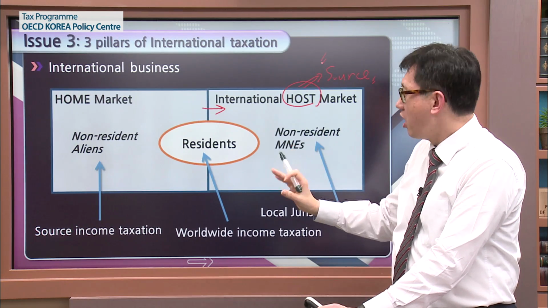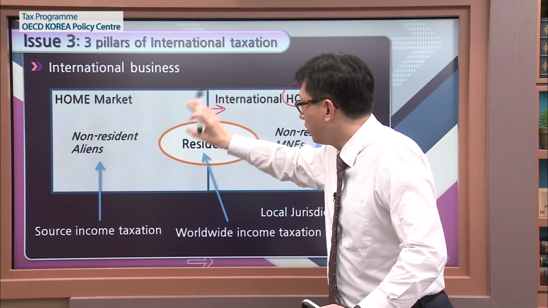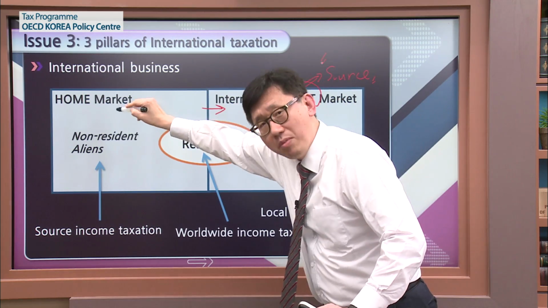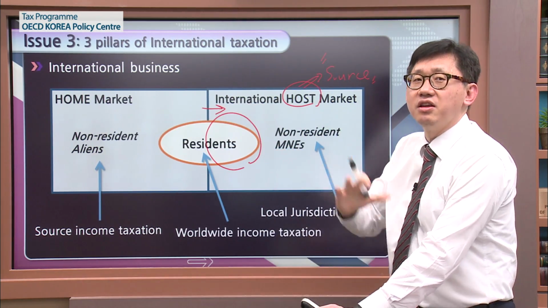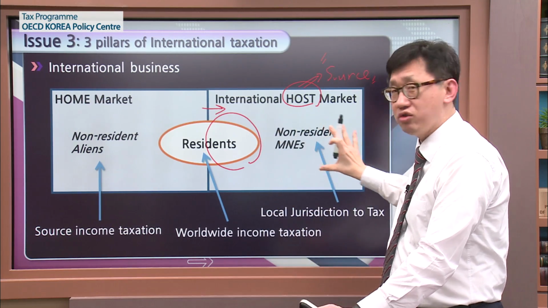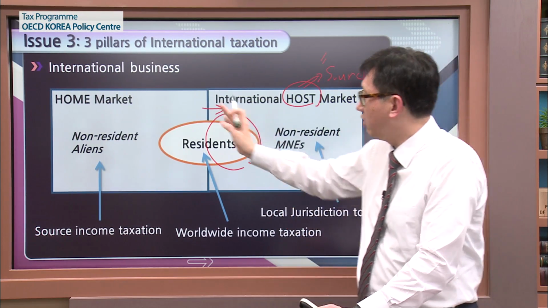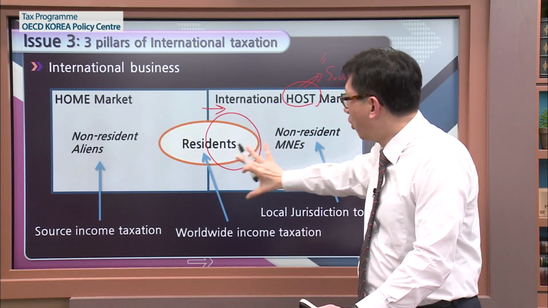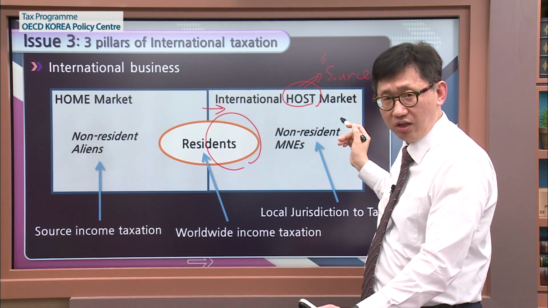Even though it is a company that is a resident of the home market, their central business has enlarged into the international market. So part of their business is done in the home market, whereas most of the other business happens in the international market.